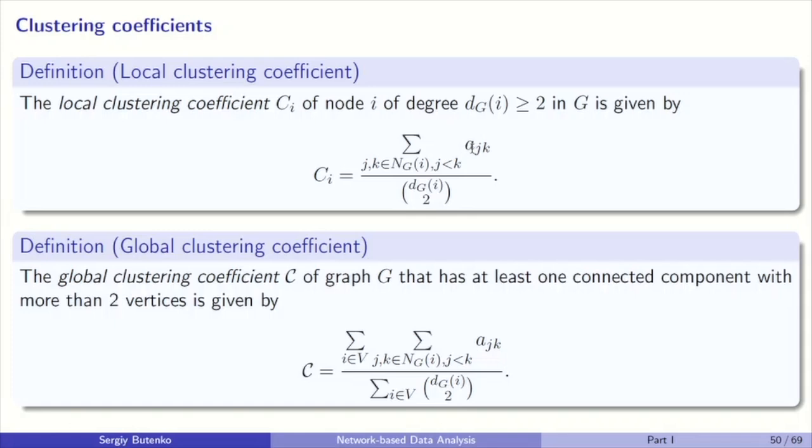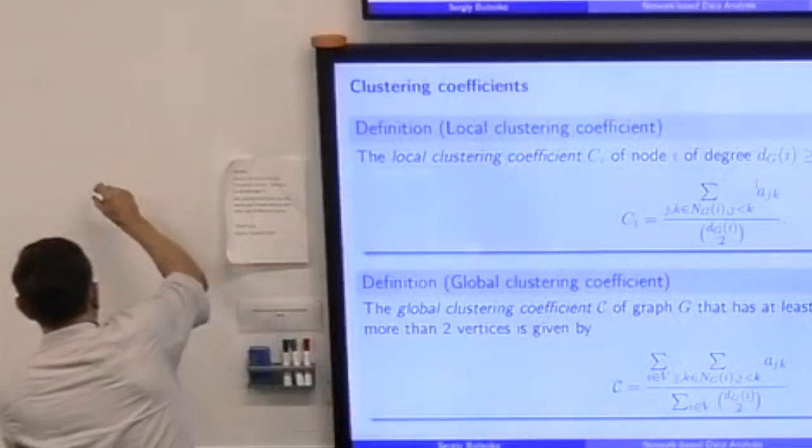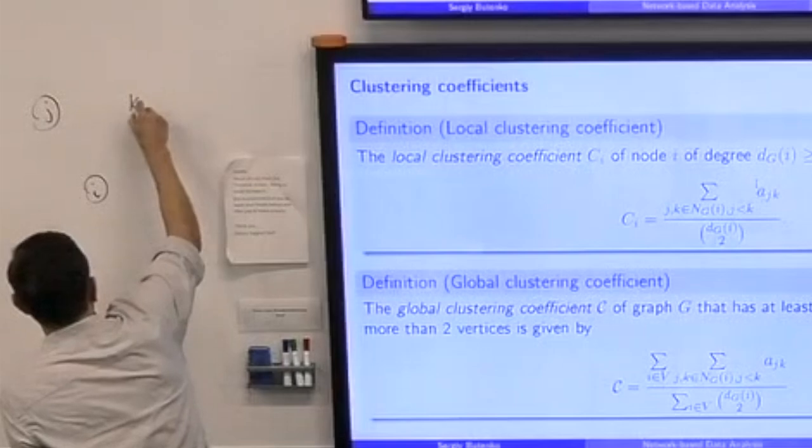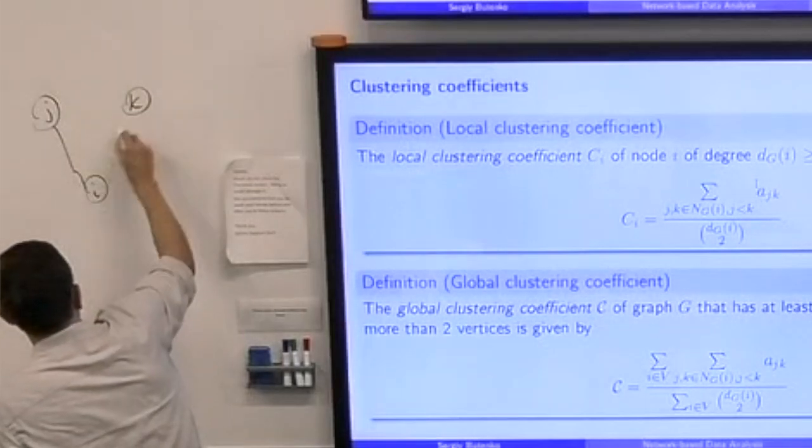Ajk's here, these are the entries of the adjacency matrix. Remember the adjacency matrix, it just had ones whenever you have an edge and 0 otherwise, right? So let's say I have I, and then j and k are the neighbors.